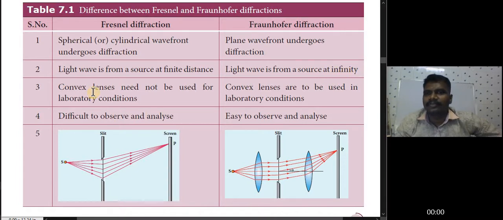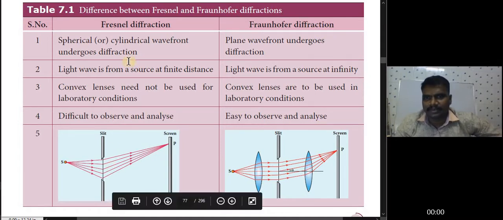Third point: convex lenses need not be used in laboratory conditions for Fresnel, whereas for the Fraunhofer diffraction, convex lenses are to be used. Fourth point: Fresnel diffraction is difficult to observe and analyze; Fraunhofer diffraction is easy to observe and analyze.